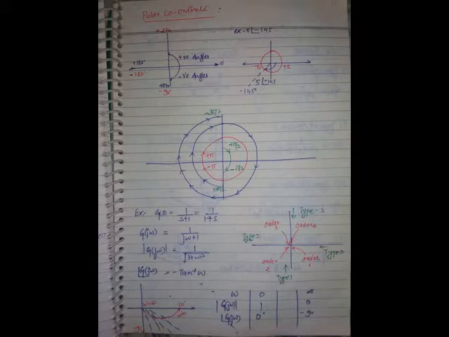Open loop transfer function G(jω)H(jω) versus ω, drawn on polar coordinates.